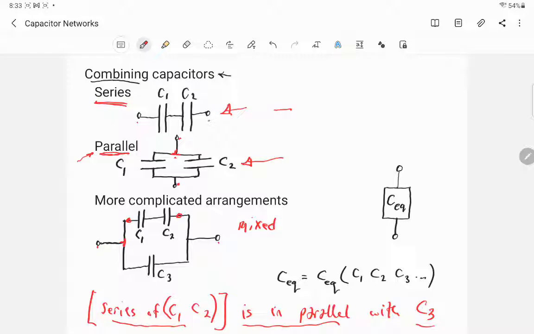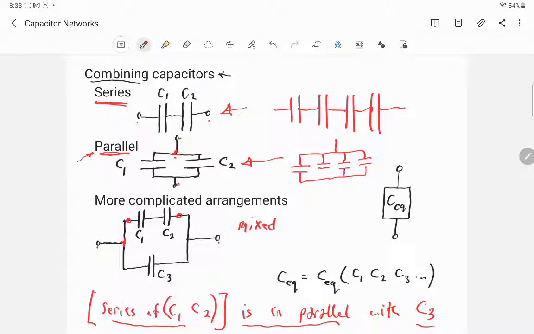In series, you could have, for example, 4 capacitors. They could be the same capacitances or different capacitances in series. And the parallel structure could be more complicated too, where you might say, for example, here is 1, 2, 3, 4 capacitances, all in parallel, like this, right?